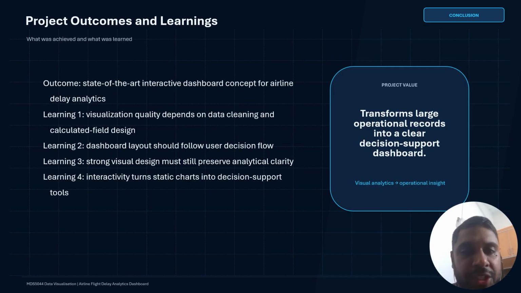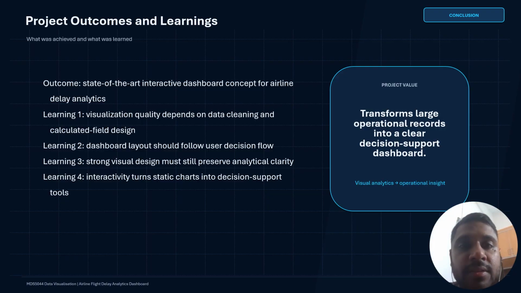The main project outcome is an interactive dashboard concept for airline delay analytics presented using a modern operations control design. A key learning is that visualization quality depends quite heavily on data cleaning and calculated fields. Another learning is that dashboard layout should follow the user's decision flow from the overview to the detailed diagnosis.